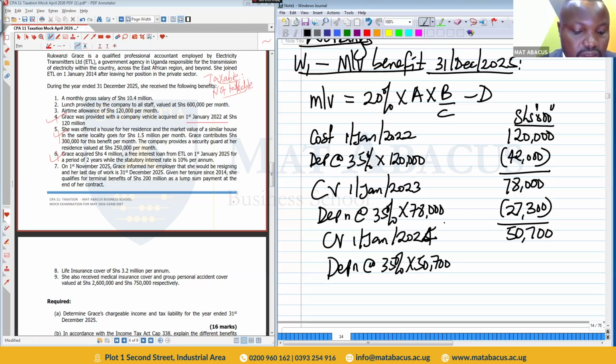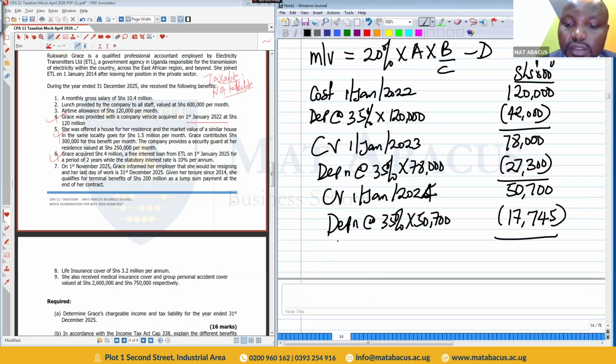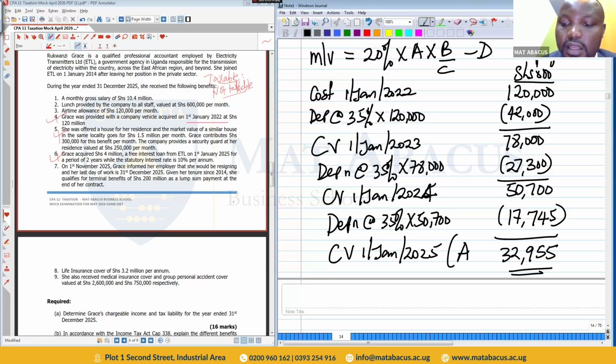I get this times 0.35, which will be 17,745 as the depreciation. So that I get the carrying value on 1st January 2025, which is my interest, which will be 50,700 minus 17,745, which will be 32,955. This is the value of A on the 1st day of the year of income.